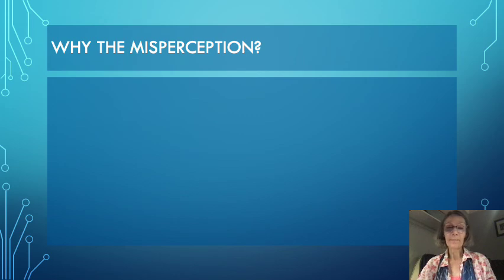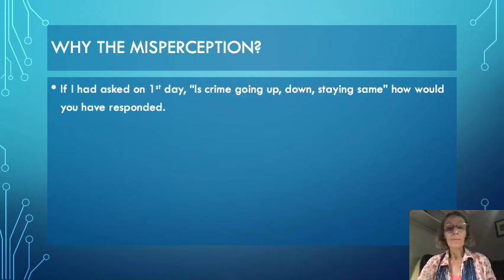So let's return and end with thinking about the gap between the reality of crime in the United States and the misperception of how much crime is going on in the United States. If I had asked you on day one of this class, before you had opened the textbook or listened to any of the lectures, is crime going up, going down, or staying the same? So if I asked you, think about this year and compare it to last year, do you think that crime is going up, going down, staying the same?